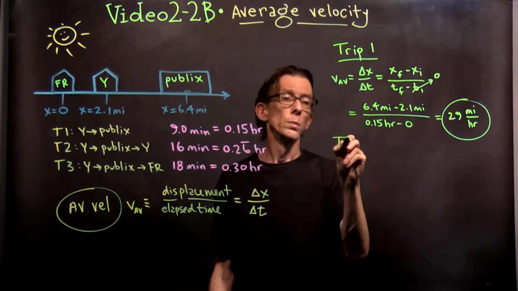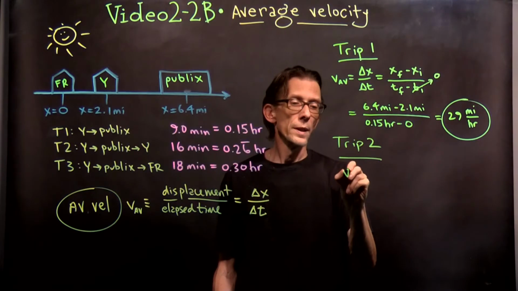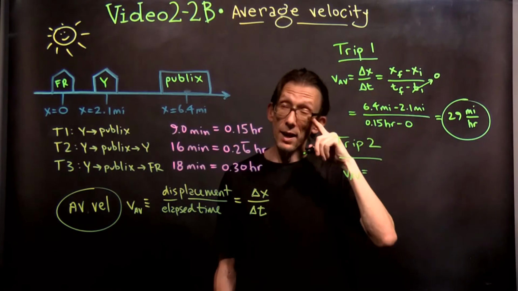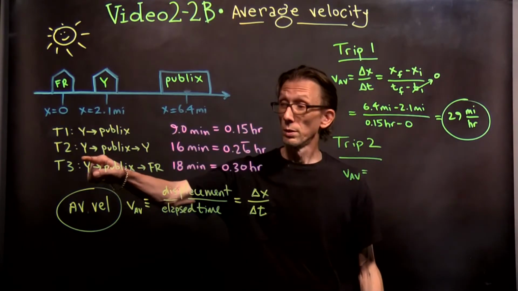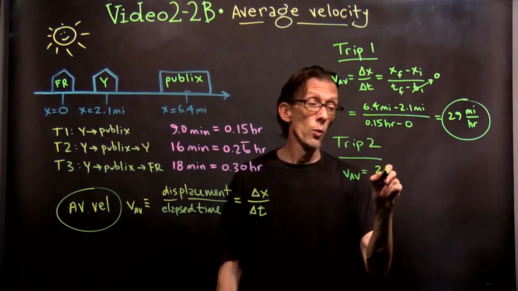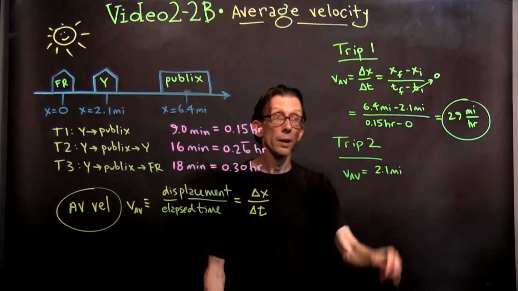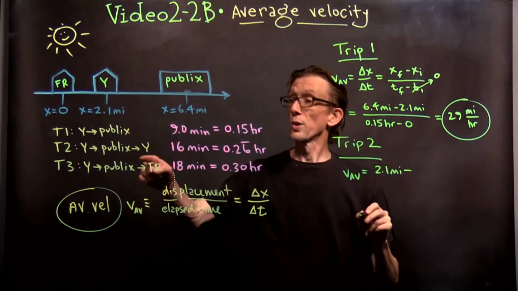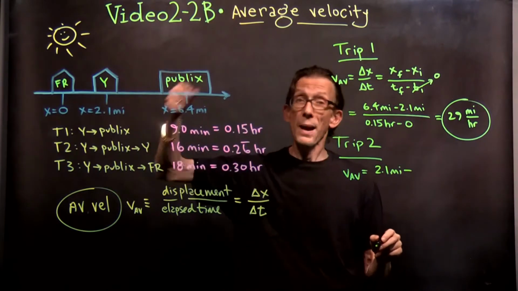Trip 2. The average velocity is going to be x f minus x i, right? Final position for trip 2: you end up at your house, 2.1 miles. So x sub f is 2.1 miles. Your initial position for trip 2 was also 2.1 miles. Remember, this is the one where you start and stop at the same place.